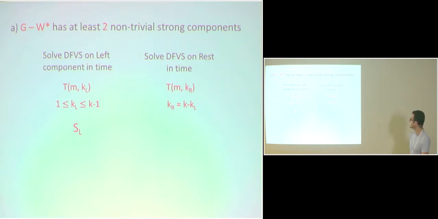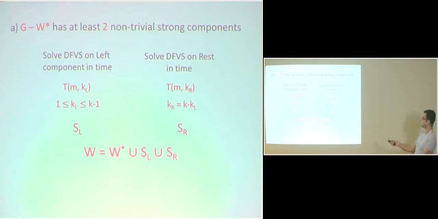So now I spent T of m with something less than k, twice. And that gives me some solution to the rest, everything except for that one strong component. Now I claim that if I take W star, S_L, and S_R, all of them together, this is a feedback vertex set for the entire graph.